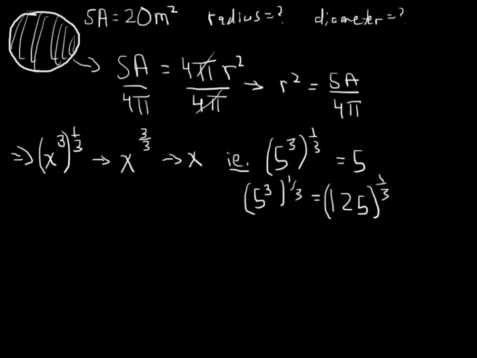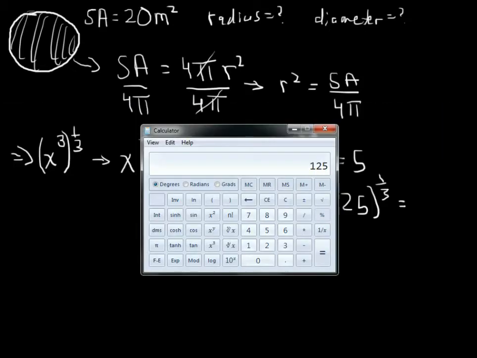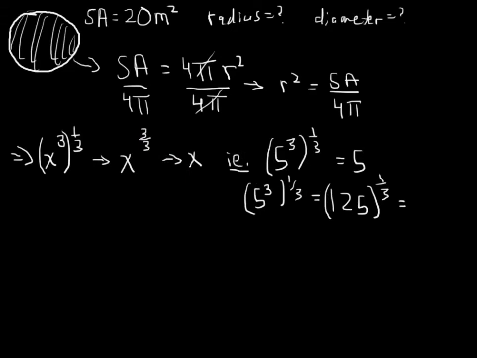Now take that to the power of 1/3. 125 to the power of 1 over 3 is 5. So essentially, exponents just work in the same way as fractions.